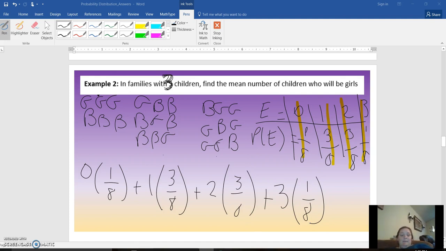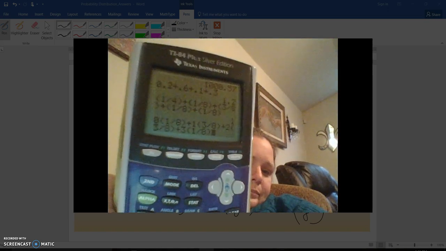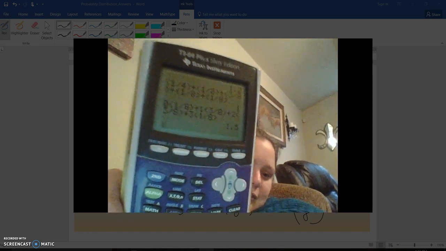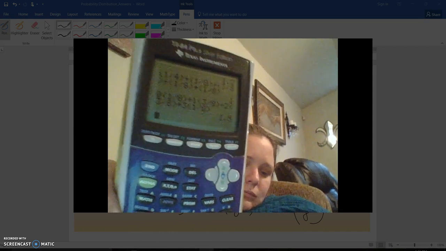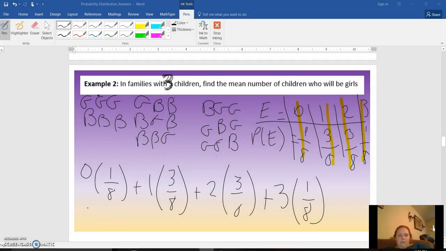I'm literally going to type it in my calculator exactly like that with the parentheses. Okay, until I get 1.5. So our mean is 1.5. And remember, you can use the mu, this guy, or you can use X bar, but it's 1.5.